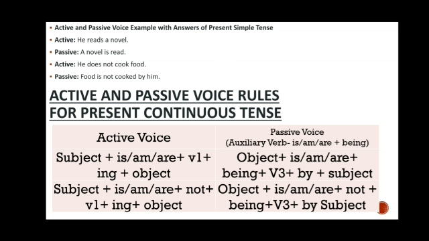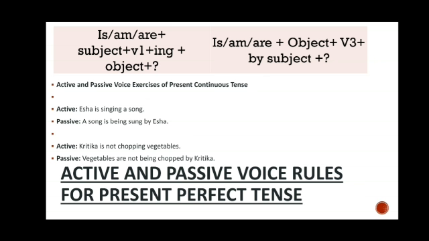So how will we change it? Object will come, is, am, are will come, we will simply put not in the middle, and then being, and then verb third form, then by, and then subject. If interrogative is given, then is, am, are will come first, then subject, then verb first form ing, and after that object. Okay, now see the example.